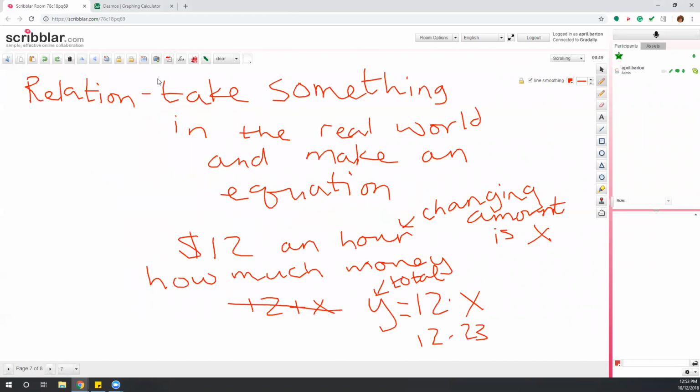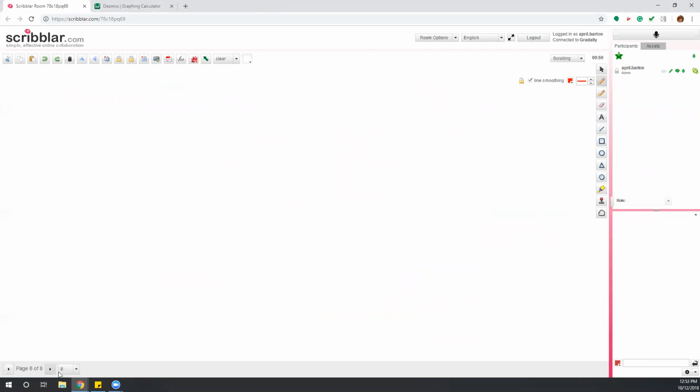This relation section is the beginning of linear functions. But it does keep going. The next part is rate of change and slope, which can be a little bit difficult. So let's go ahead and cover rate of change and slope. I haven't seen any chat messages saying they want to cover anything, so we'll cover this next part.